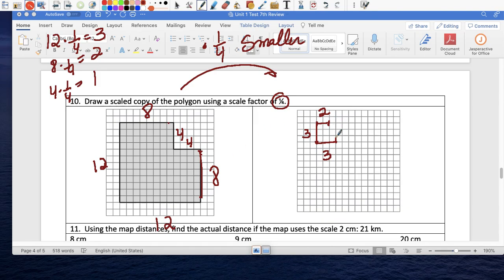So we go up 2. And then we're going to make a left turn. 1/4 of 4 is 1. So we're going to go left 1 and up 1. Then we go right 1 and 1. This is a scaled copy of the polygon using a factor of 1/4. We knew it was going to be smaller. We multiply all the side lengths by 1/4, and we got our new dimensions. That's it.